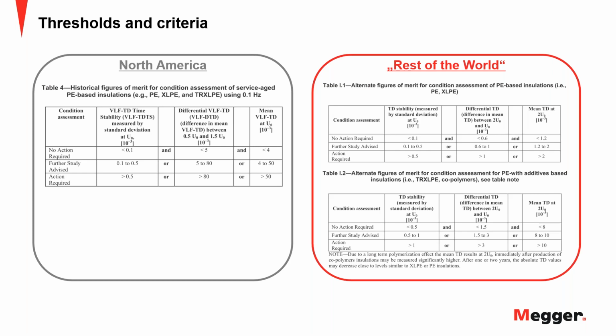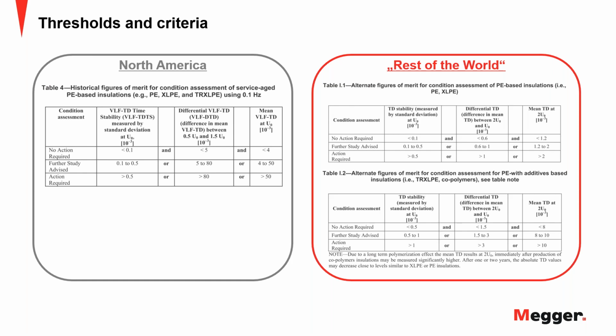And because of that, you can pretty much say modern copolymer cable, you cannot really do anything with the tan delta test in the field, because you're not really measuring the insulation. The low percentage of copolymer in there has such a masking effect that these numbers are really, really high.